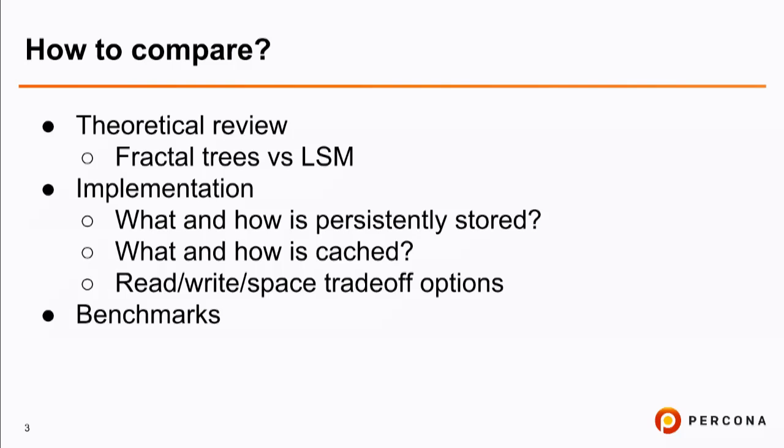How do you compare two engines that are so wildly different in implementation? First, we'll review what the algorithms are and how they achieve their stated goals. Then we'll go through implementation details: what's cached, the cache structure, how memory is used, and what the read and write trade-offs are. Then we'll get into some benchmarks.